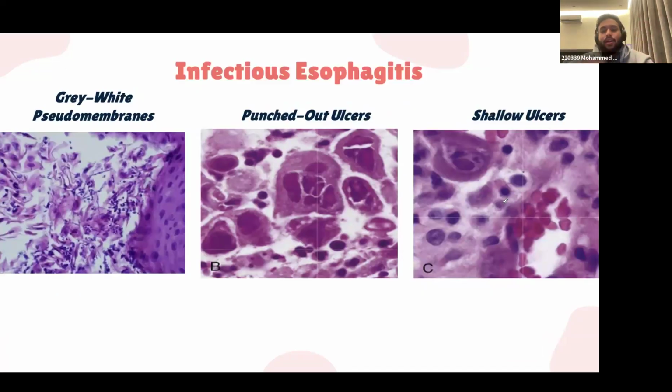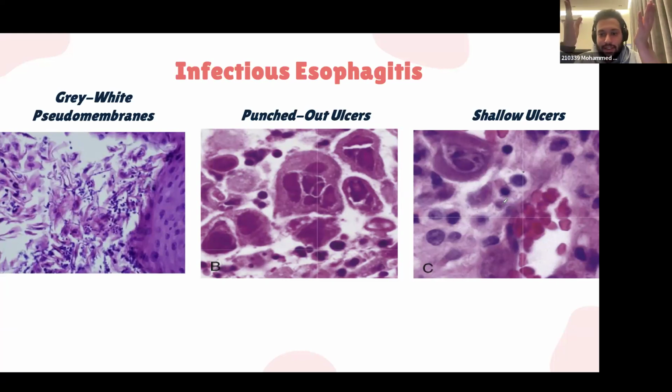So, now, esophagitis. Esophagitis is inflammation of the esophagus. You have many causes of esophagitis. You have chemical esophagitis, pill esophagitis, reflux esophagitis, and we'll get to that later. And you have infectious in this case.